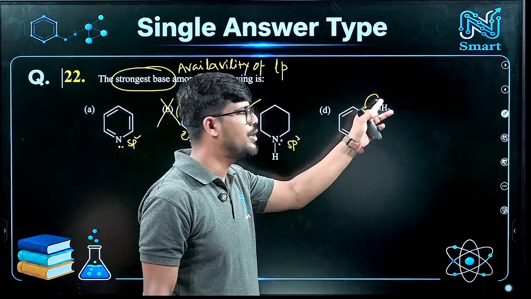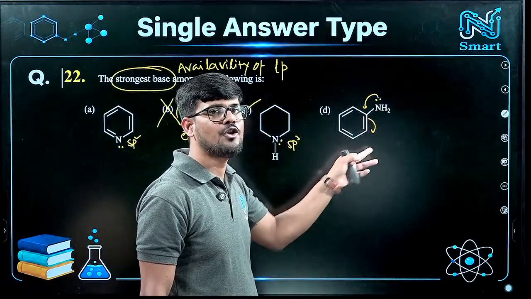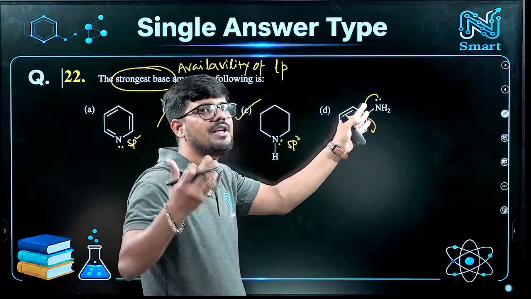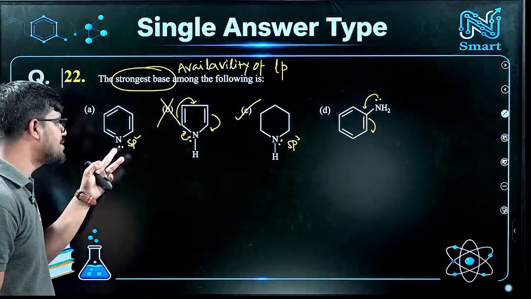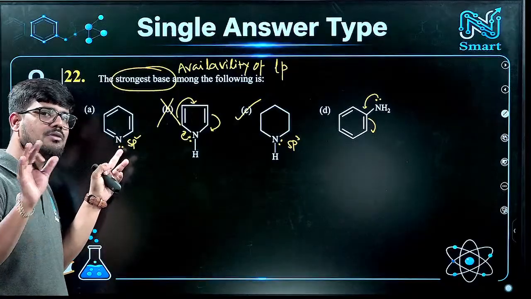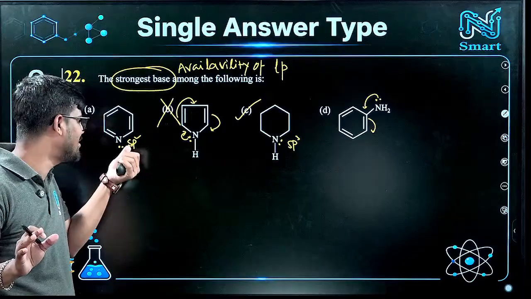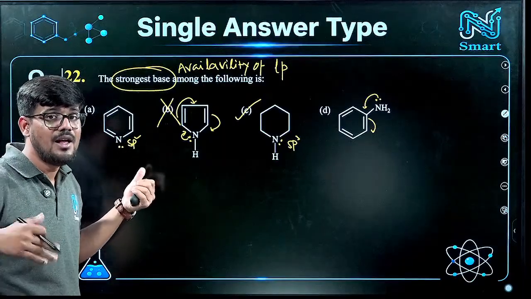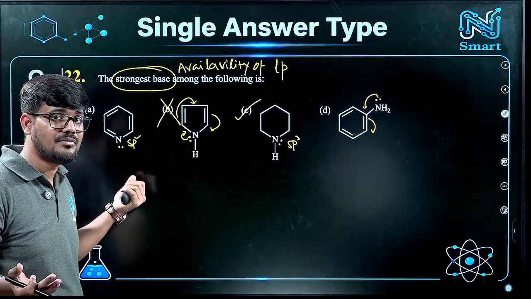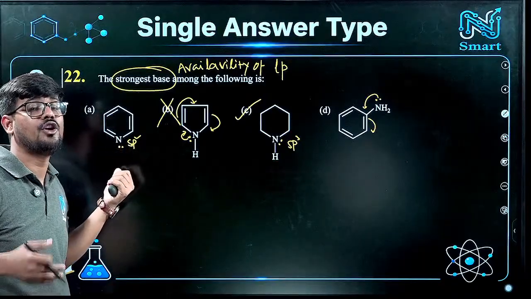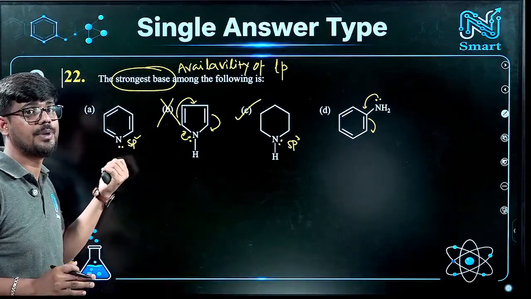This nitrogen lone pair, it will be in conjugation, right? So that availability is not that much. And this lone pair, it is available. It is not in any type of conjugation, but this nitrogen is sp2. Higher s character means this nitrogen will not try to lose this lone pair, right?